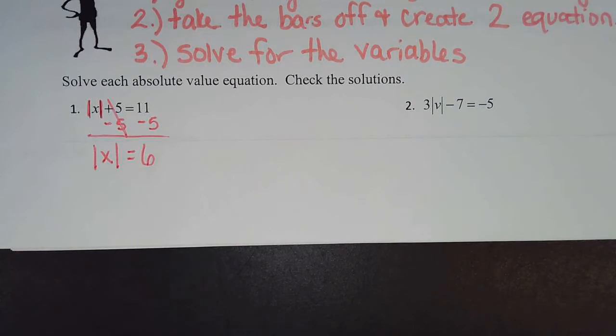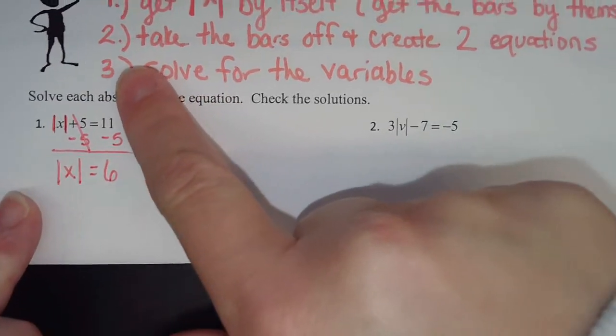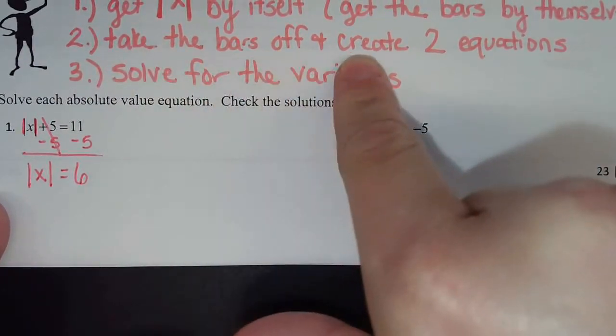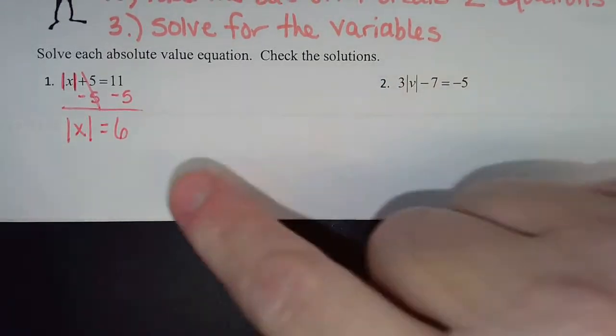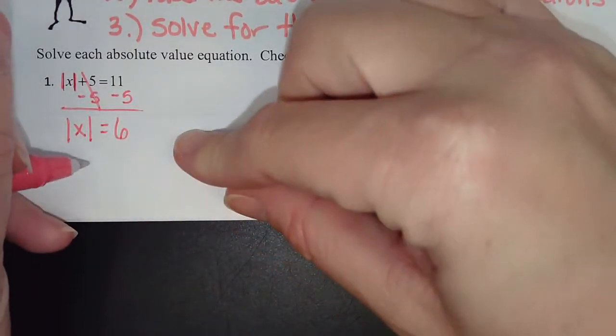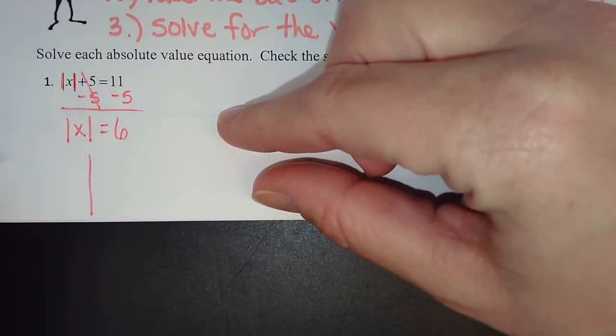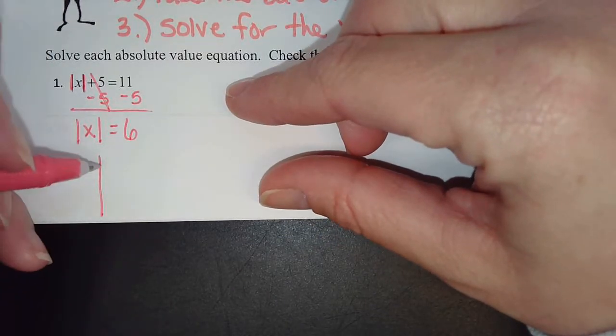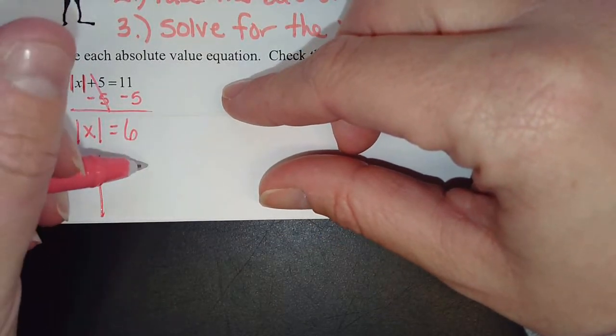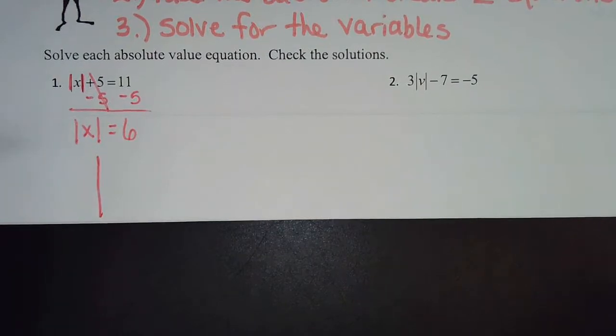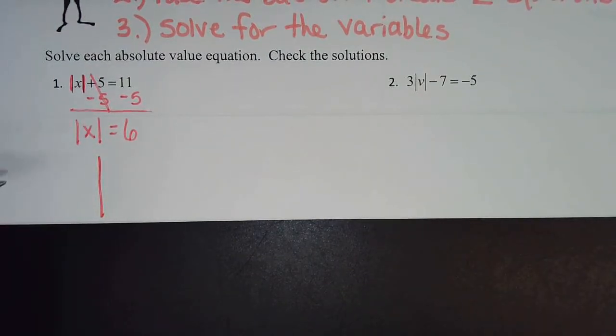So the bars are by themselves now. And now we can move on to step 2. Step 2 says take the bars off and create your two equations. So when we take the bars off, we do create two equations. And I think I was taught this way, so this is why I do it. I draw a line down with a left and a right-hand side with these absolute values so that I remember that I have to have two answers.